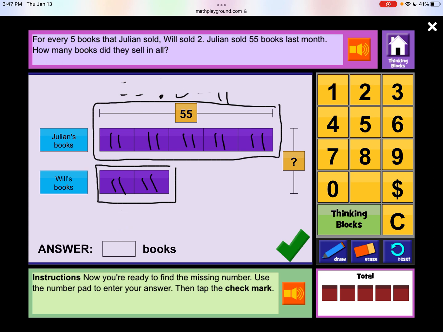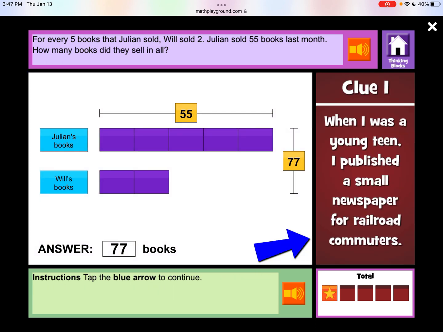So if I look at all those 11s, Julian has 5 11s, Will has 2 11s, that's 7 11s. So that's going to be 7 repeats, or 7 times 11, which is 77. So I'm going to put 77 in that blank, and notice that was the same as when I added them together. Press the green check mark. Yep, I got it right.